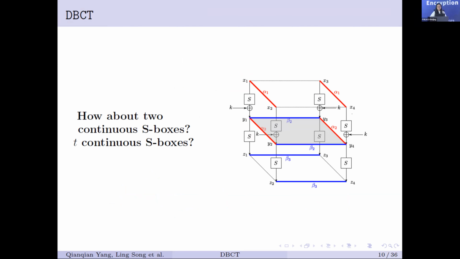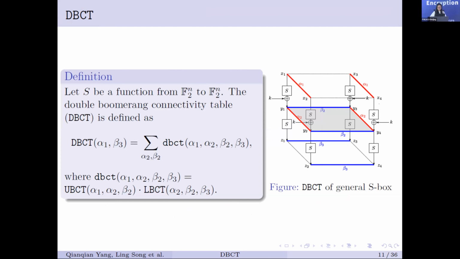In boomerang attack, in the EM, there are always some rounds. So how about 2 continuous S boxes, or 3, or t continuous S boxes? First, we give the definition of the double boomerang connectivity table. Look at the figure. Alpha1 and alpha2 are the differences in the upper pass for the first S box, and beta2 and beta3 are the differences for the second S box in the lower pass.